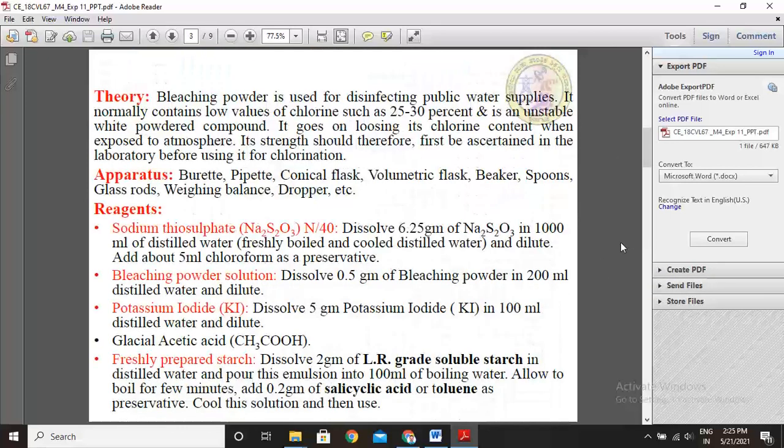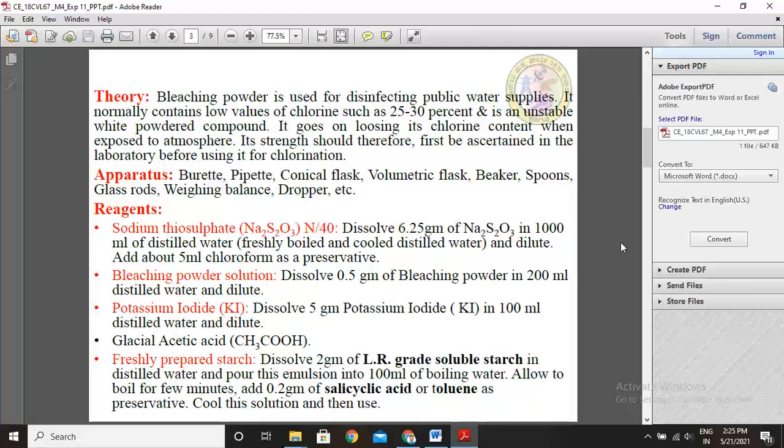Now let us see the concept of bleaching powder for this experiment. Bleaching powder is used for disinfecting public water supplies. It normally contains low values of chlorine, such as 25 to 30%, and is an unstable white powdered compound.